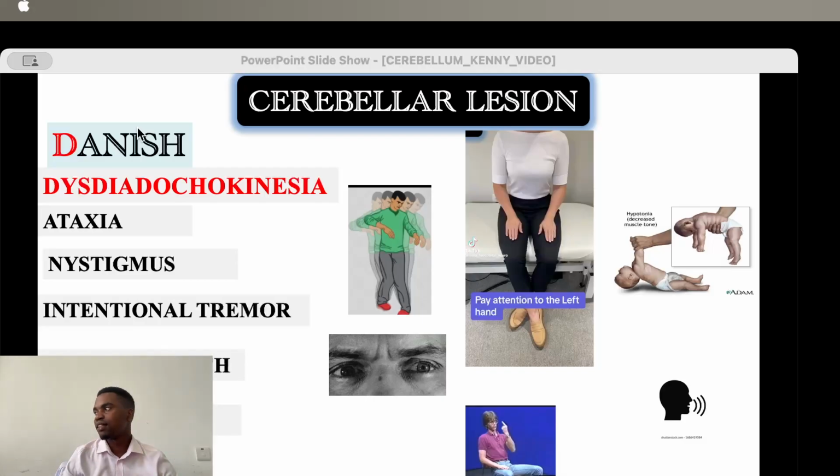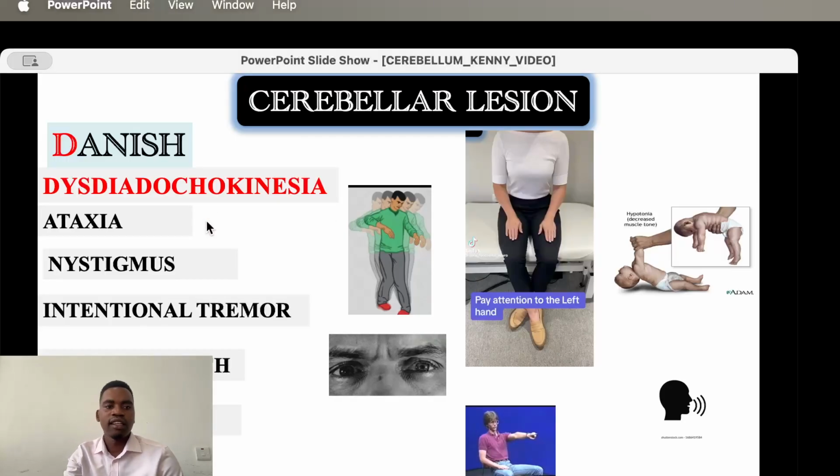From the word Danish, the very first one is Dysdiadochokinesia, and we've just seen that the person cannot do rapid alternating movement on the region affected. And remember, the deficit in cerebellar lesions will always be ipsilateral.